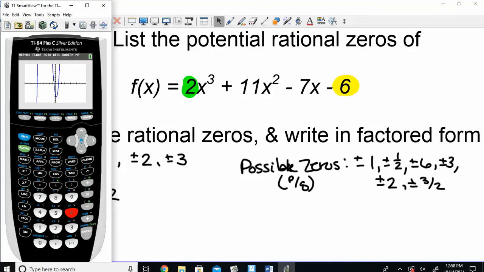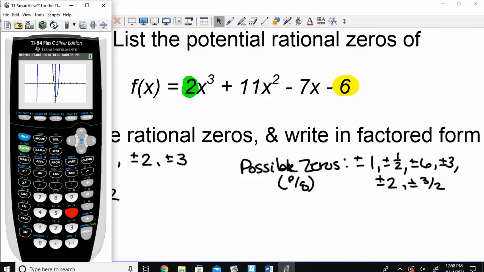Now, here's my disclaimer. I am fully aware that you can use your calculator to get all of the zeros. I know that. But I am teaching you a process. So you guys have to do it this way. You have to learn this process.